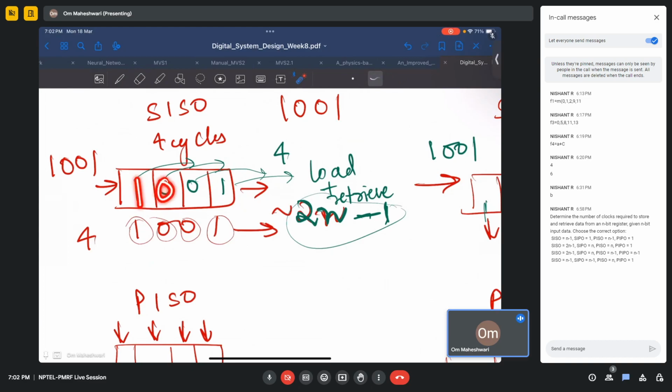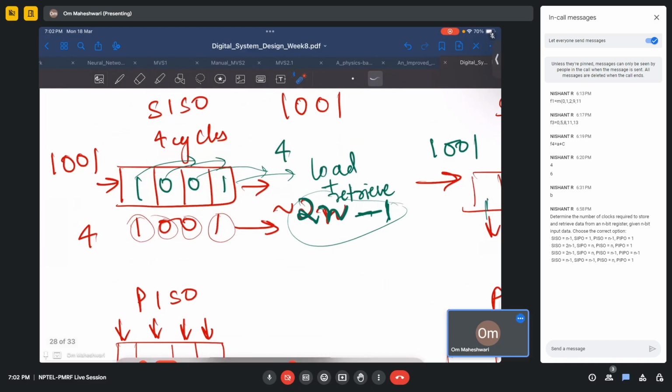Once you have written the last bit, it is by default read; it already knows what is there. So it needs 3 more cycles to transfer the remaining 3 values. So after 4 cycles for load, you need 3 cycles for the rest. That's why it is 2n minus 1.